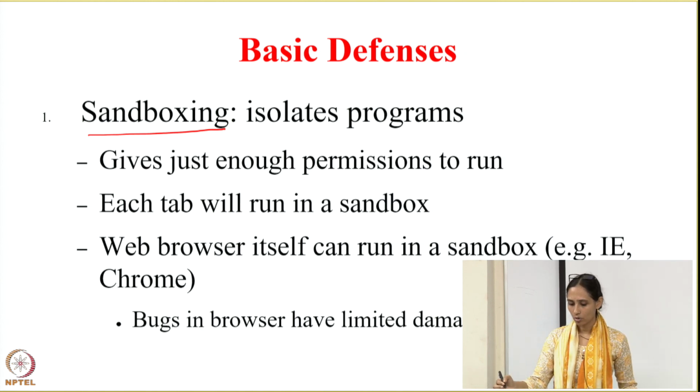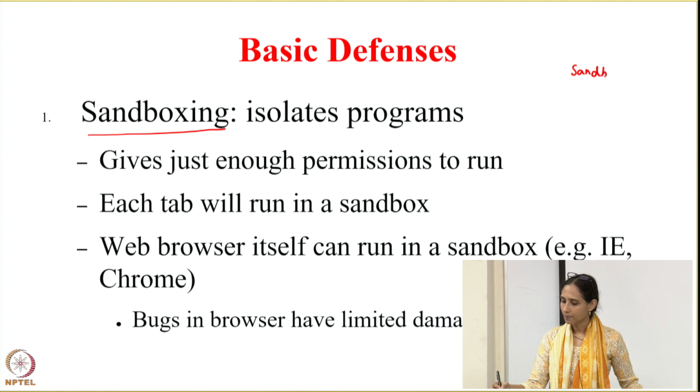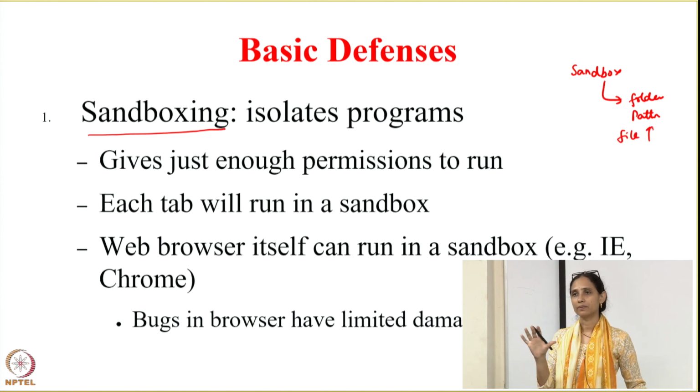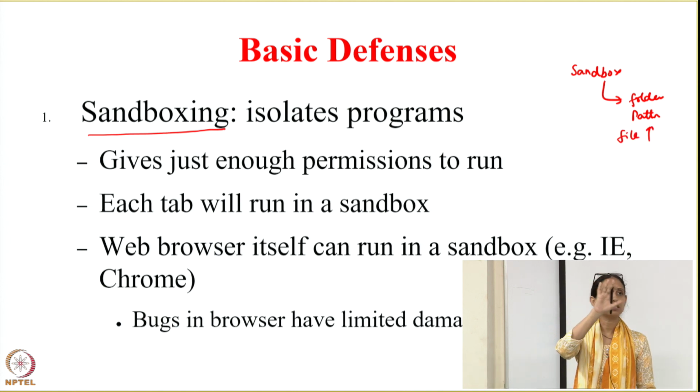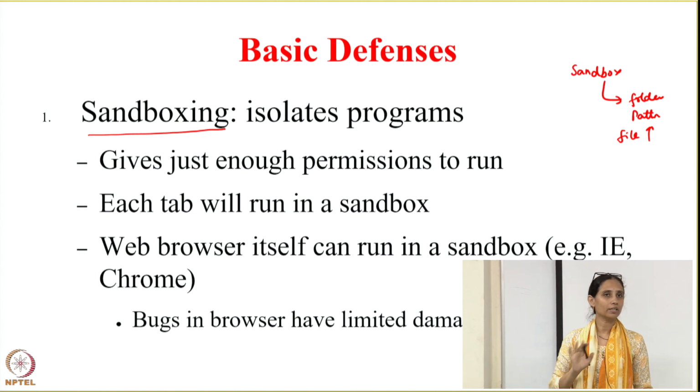So when we talk about a sandbox, this sandbox environment will give you access to certain folder structures, which is the path it will specify, and you can only access the files within that path. You cannot go and access files that are outside the path. That it will not permit.